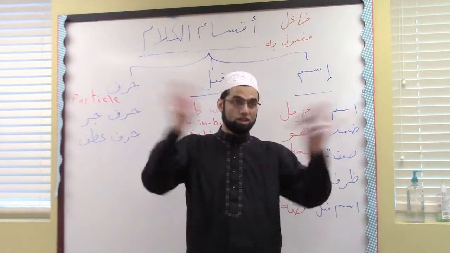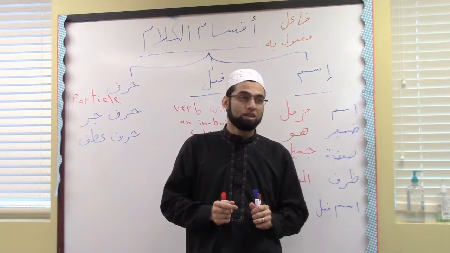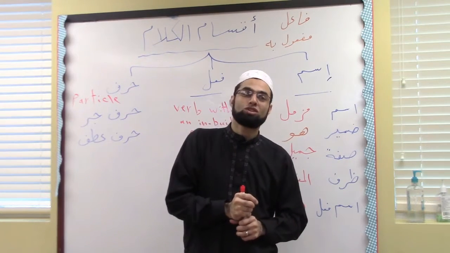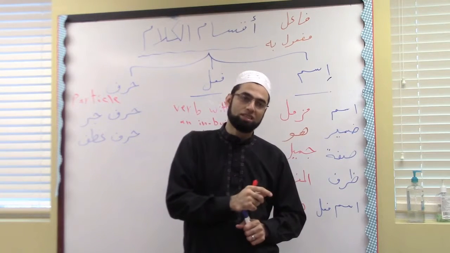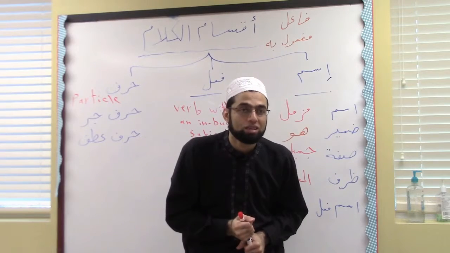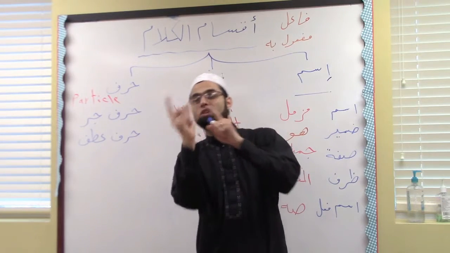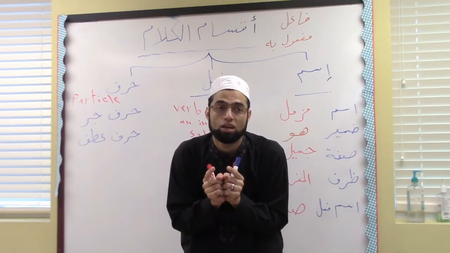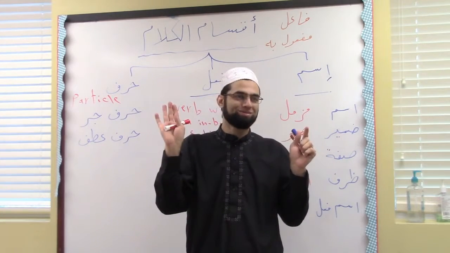Generally a verb. When it starts with a verb, it is called jumla fi'liyyah, verbal sentence. جملة فعلية. And when it starts with a noun, جملة اسمية. But when there is a verb and a noun, what do we start with? Verb. Always verb.